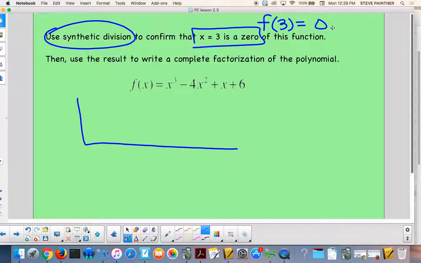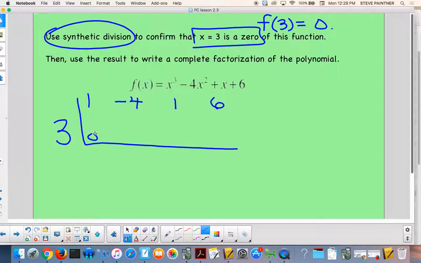Is f of 3 truly a 0? Okay, here it comes. The coefficients are 1, 4, 1, 6. And if you want to know if 3 is a 0, f of 3, you put the 3 there. You're not dividing, you're just evaluating.